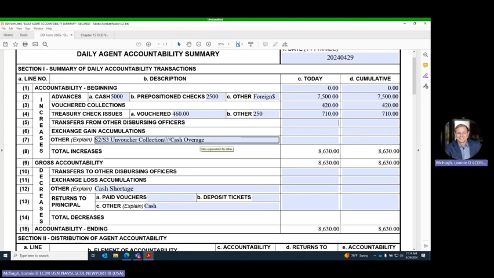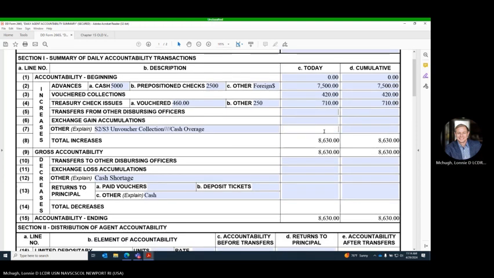Our line 7, other, is for S2 and S3 unvouchered collections or cash overages. So for this, we're going to say that we received an unvouchered collection from retail ops in the amount of $460 cash. Let's make it $750.